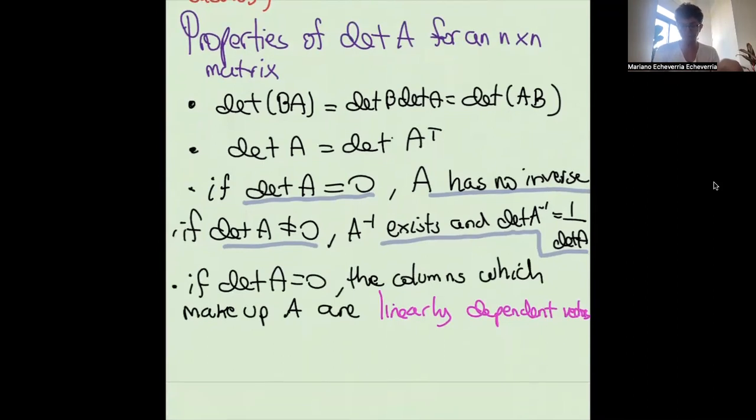And if the determinant of A is non-zero, the columns are linearly independent.